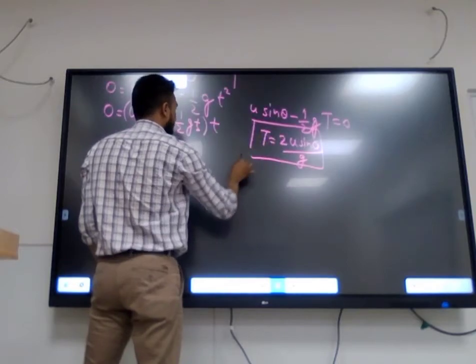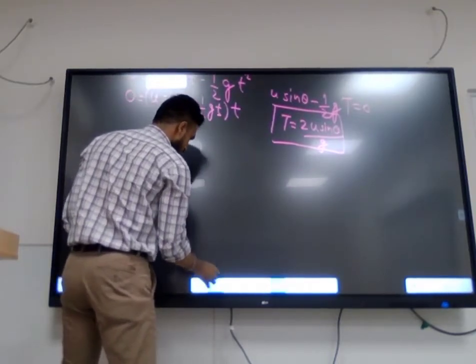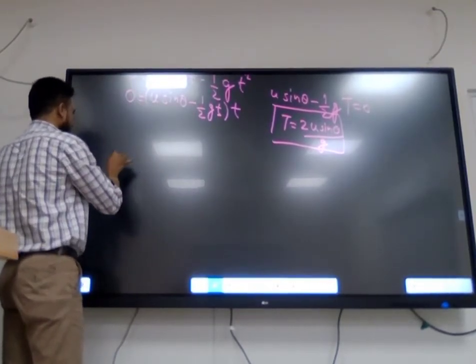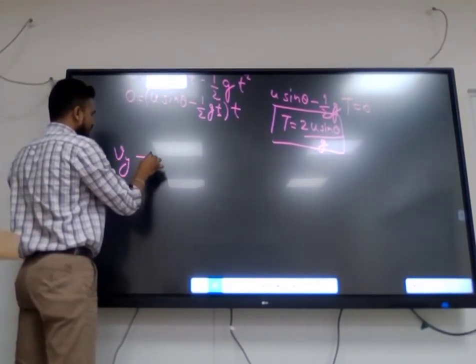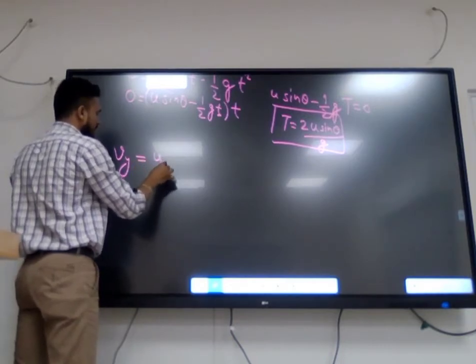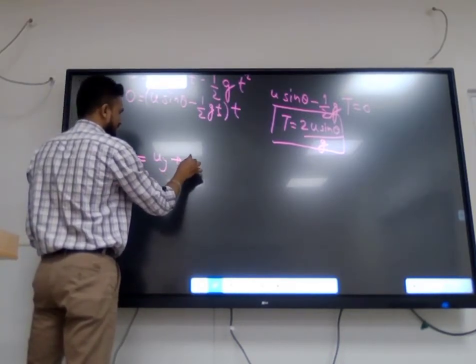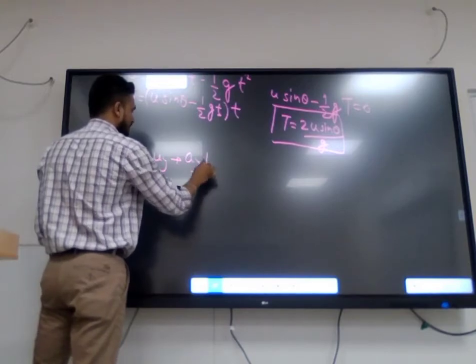With the help of the second concept, we can write the velocity in y direction: vy equals uy plus ay into t.